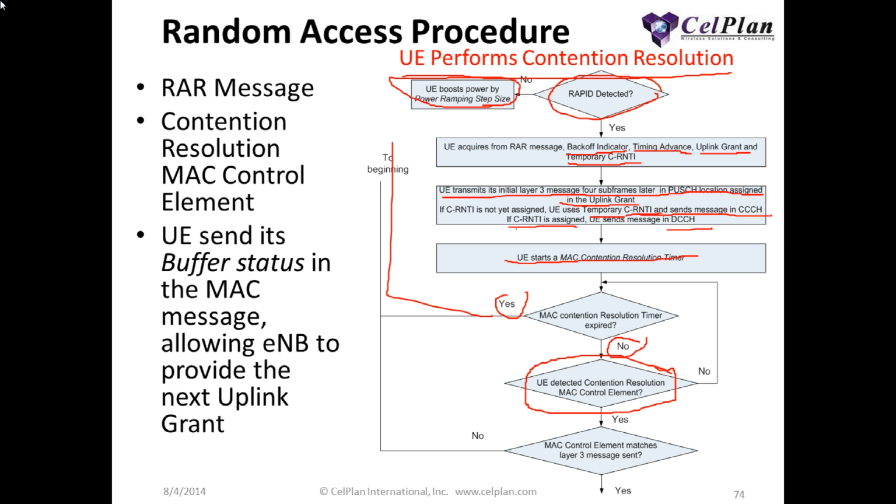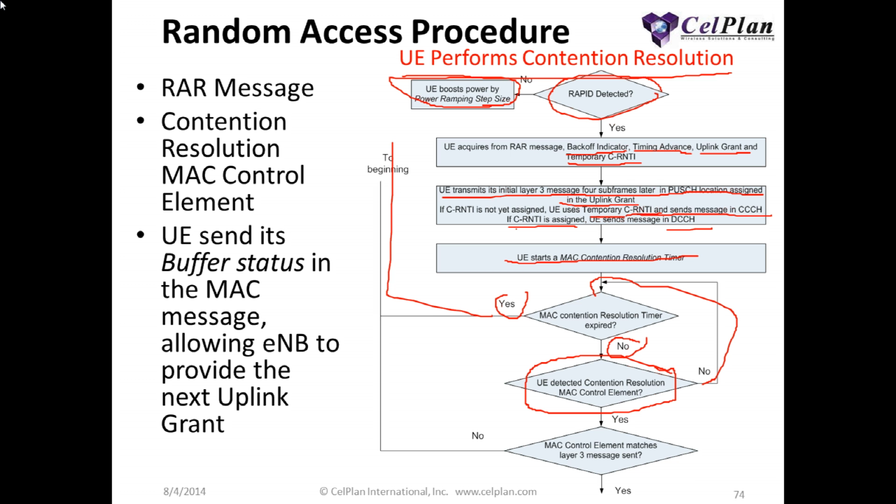So if the UE finds that this is not its message, there was a conflict. This is somebody else's message, or this is garbage. So it will say no, and it continues until the timer expires, and then it starts again.